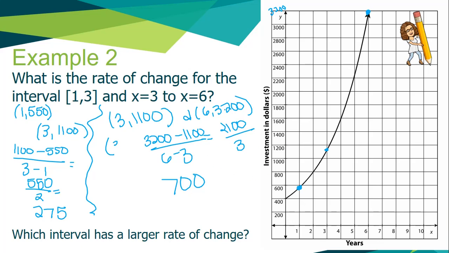So which interval has a larger rate of change? This interval from 3 to 6. So I could either write it as x equals 3 to x equals 6, or I could write the interval like this, or like that, depending on which one I wanted to write.